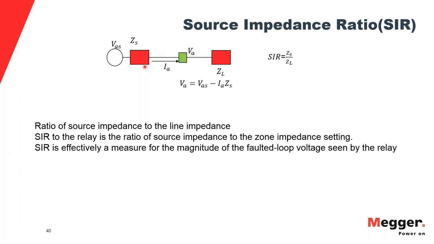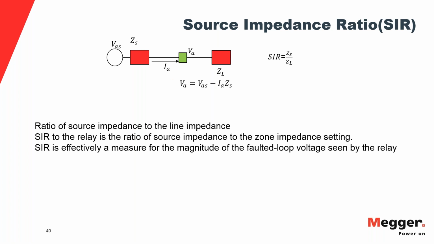Which means that if you have a high source to line impedance ratio, your source voltage is going to collapse very quickly, which is going to give you a lot of headaches when it comes to testing the relay, but it's also going to give you a lot of headaches when it comes to setting the relay properly.